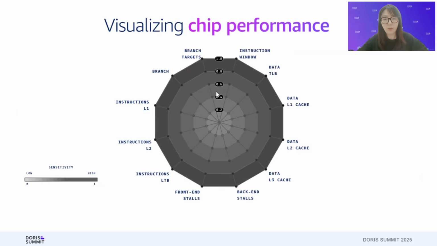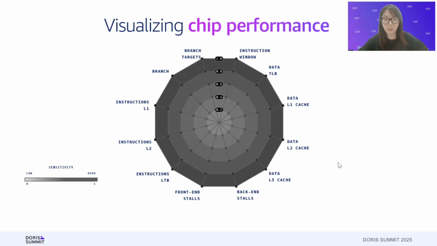When we developed Graviton 4, we paid a lot of attention to real-world workloads and how they perform, understanding how real-world workloads run on this system. To help us visualize this, we use radar graphs that look like this. This radar chart provides a visual comparison of chip sensitivity across multiple dimensions, showing how sensitive different workloads are to CPU performance bottlenecks, with lower sensitivity indicating better and more stable performance.